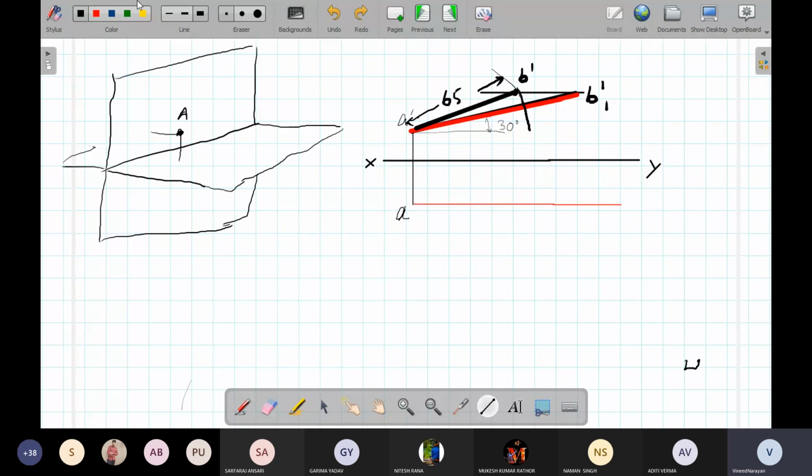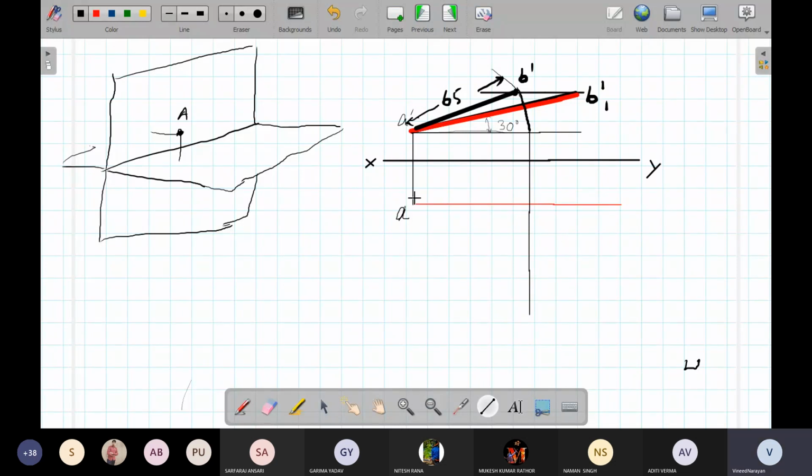I'll use a thin line. So when it meets here, draw a vertical line. Draw a vertical line like this. You have to use a scale for this purpose. So for some length, we can take this.